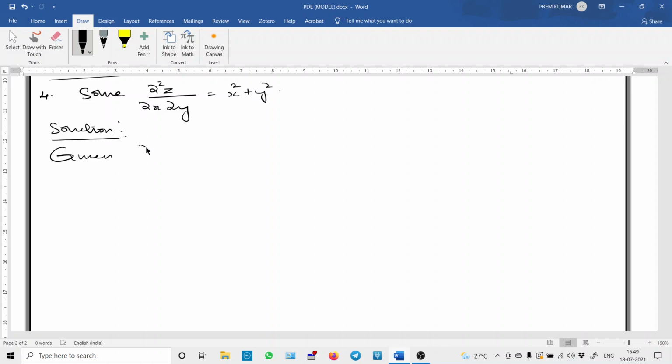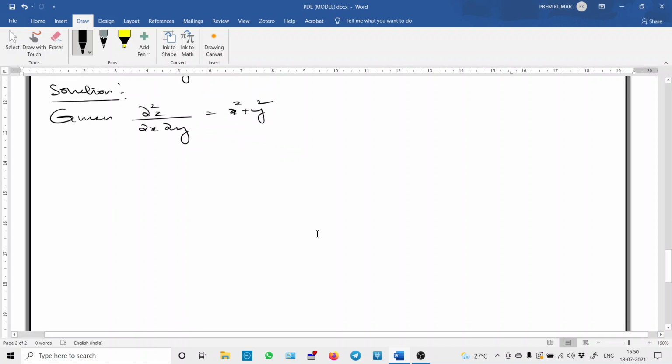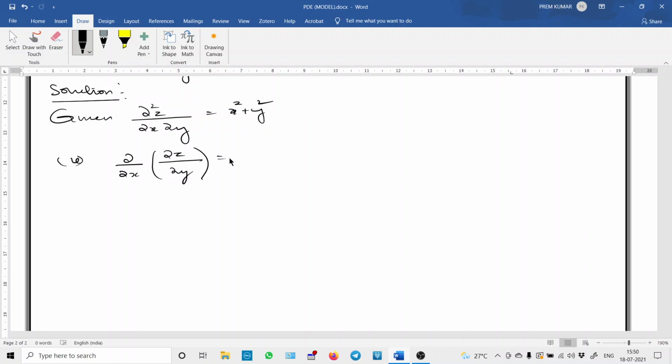So the given PDE is dou square z by dou x dou y equals x square plus y square. That is, we can write this as dou by dou x of dou z by dou y equals x square plus y square. So now first we will integrate with respect to x partially.